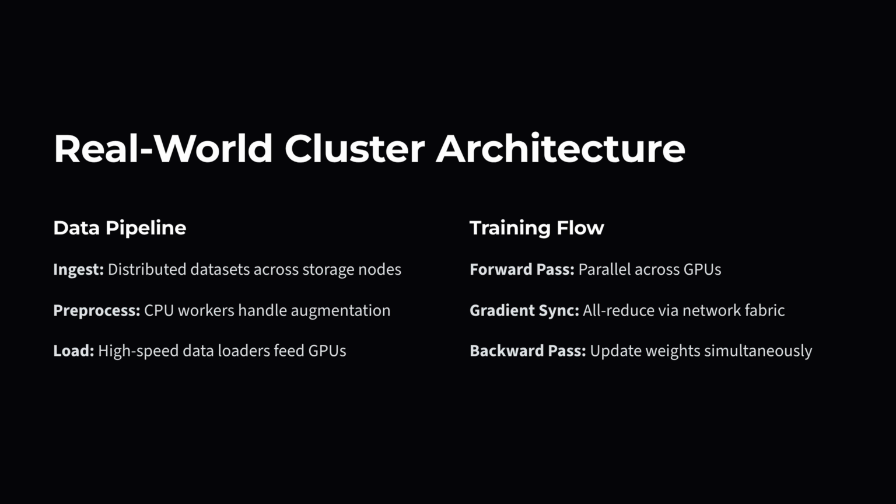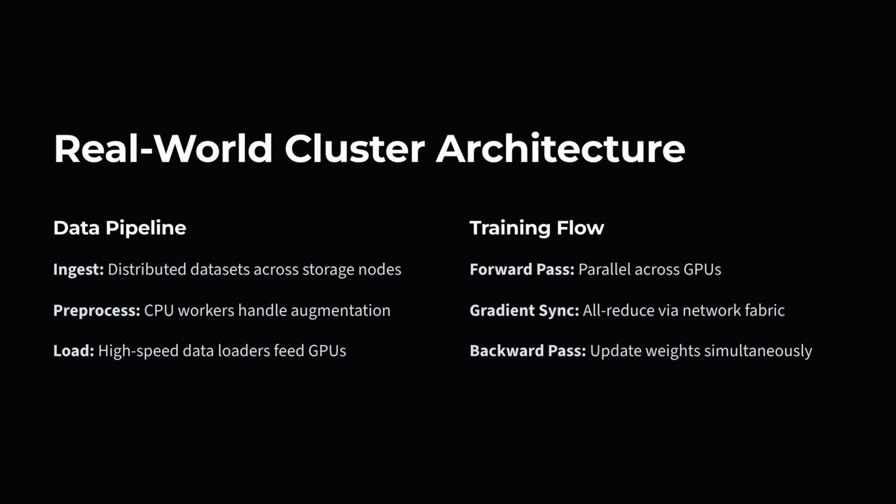Real-world cluster architecture. In real clusters, the training pipeline feels like a synchronized production line. Distributed storage holds the dataset, and CPU workers process samples like sous chefs preparing ingredients before the head chef takes over. High-speed loaders then feed GPUs at several gigabytes per second, because even a short pause can starve a GPU and waste expensive compute time.